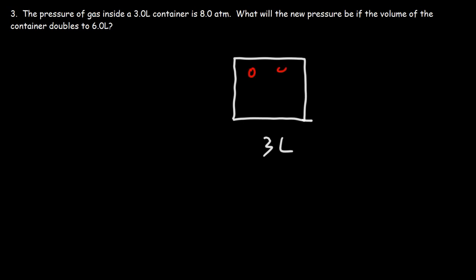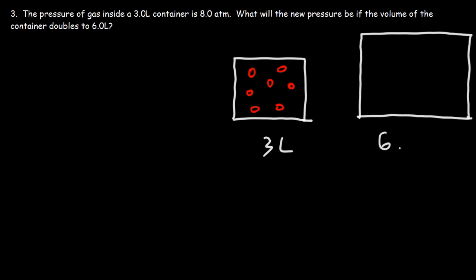Now let's put some gas molecules inside this container. Now let's draw a much larger container. Let's say this is the 6-liter container. Now let's put the same number of gas molecules in this container. Which one will have the higher pressure? The one on the left or the one on the right?